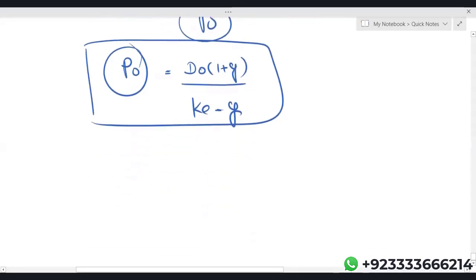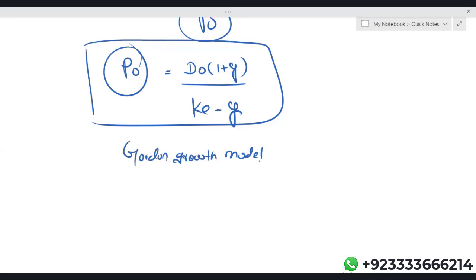Okay, now there's one more thing. That is the Gordon growth model. By using the Gordon growth model, we can calculate the annual dividend growth rate.